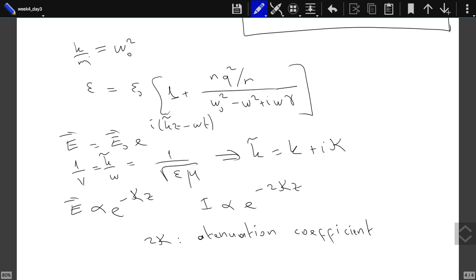This twice kappa is called the attenuation coefficient, if I'm not wrong, or absorption coefficient.